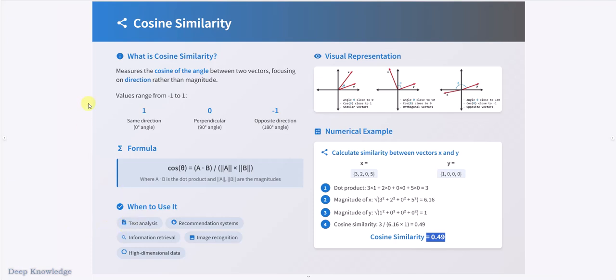It's mainly designed to calculate the similarity between vectors of words, so text analysis, recommendation systems, information retrieval. I mean, it's used for text, but of course it's used for many applications.